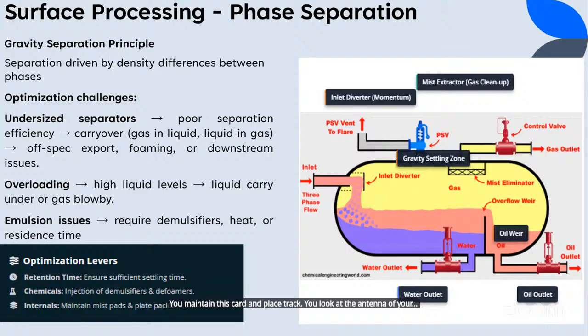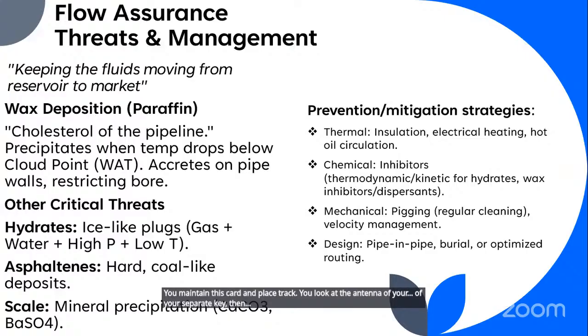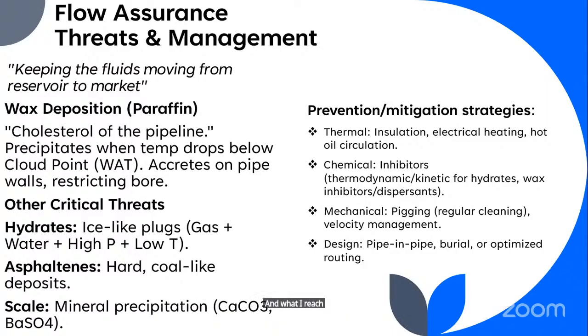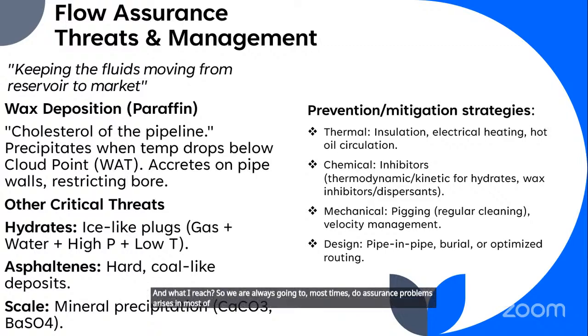Okay. Then this is another aspect of our production that ought to be optimized, especially in the Niger Delta area, where our crude oils are mostly paraffinic and water rich. So most times, flow assurance problems arise in most of our crudes.